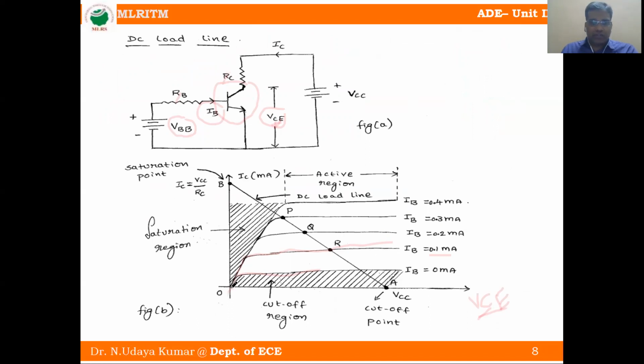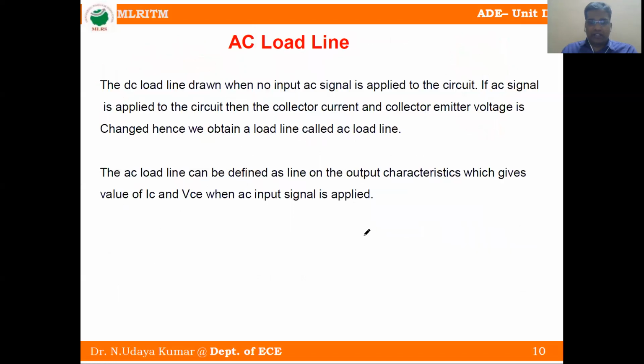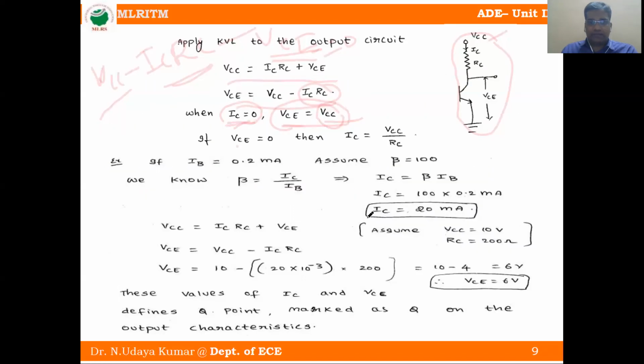IC is equal to 0 means this point, and VCE is equal to VCC. This point in this graph. See, IC is equal to 0, VCE is equal to VCC.